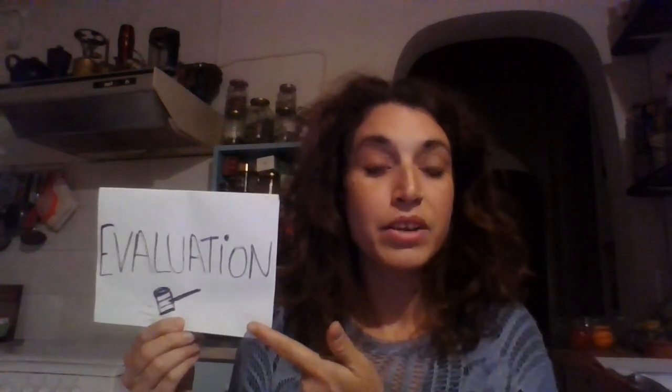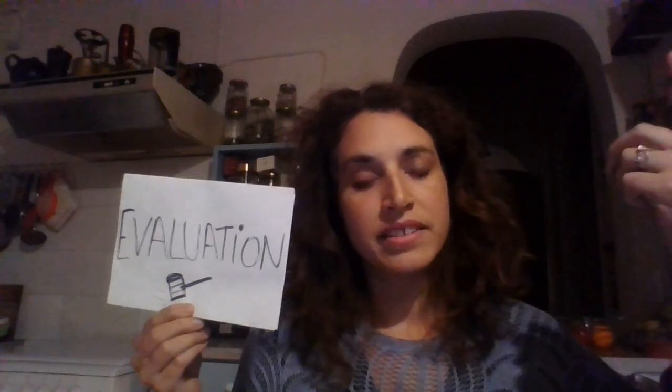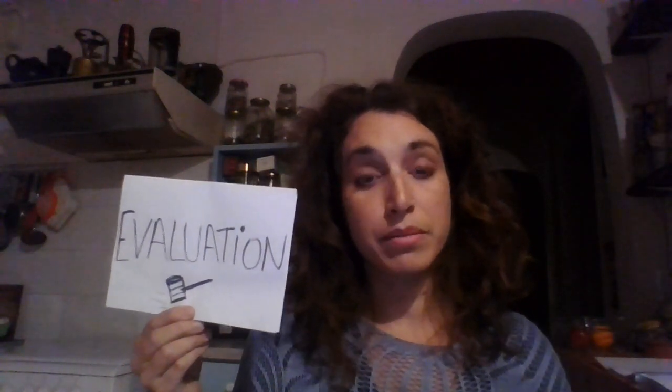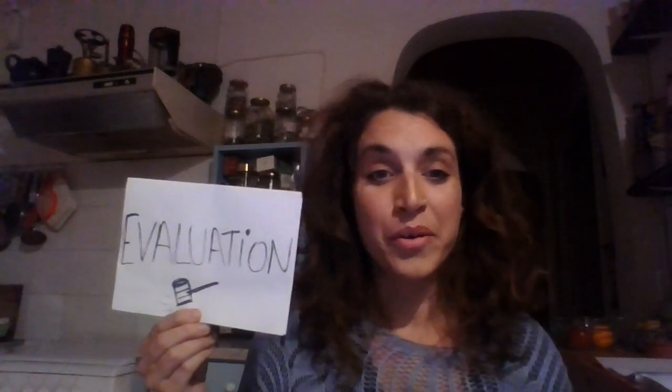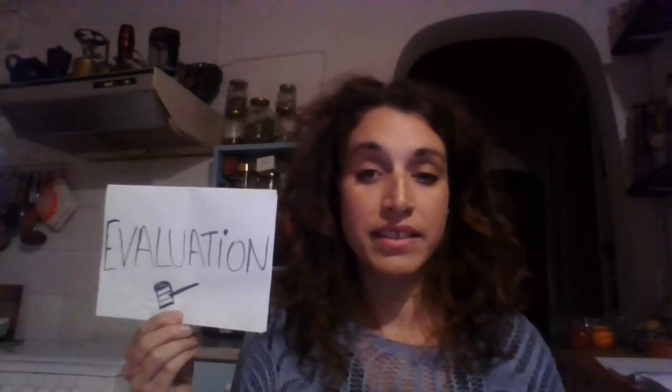That's my evaluation. My mind has put these things together and created a story about what the other person is doing or not doing, and how good or bad they are for doing or not doing that thing. So that's what we do, we evaluate.